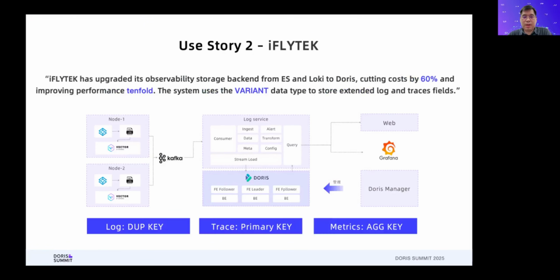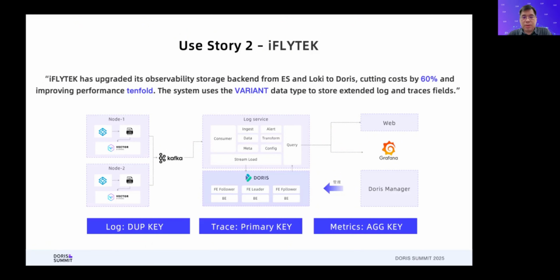The second use case is from iFlytek. iFlytek upgraded its observability storage backend from Elasticsearch to Doris, cutting their cost by 16% and improving performance tenfold.